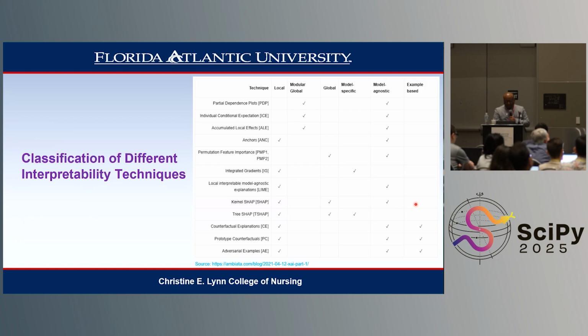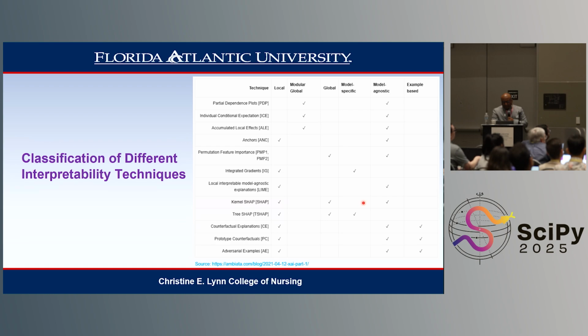If you want you can take a photo, I have no problem. You see a couple of methods: maybe Kernel SHAP is global and local, both. Some methods are global and model agnostic, but they don't have local behavior, they only have global behavior.